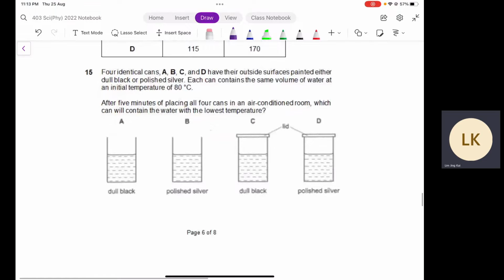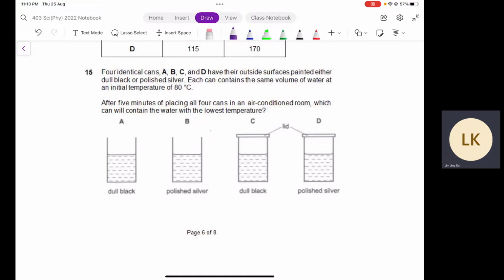Number 15. Four identical cans A, B, C, and D have their outside surfaces painted either dull black or polished silver. Each can contain the same amount of water at an initial temperature of 80 degrees Celsius. So after 5 minutes in an aircon room, which one will have the lowest temperature?